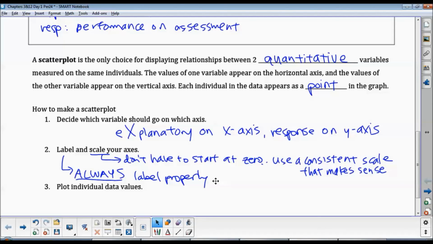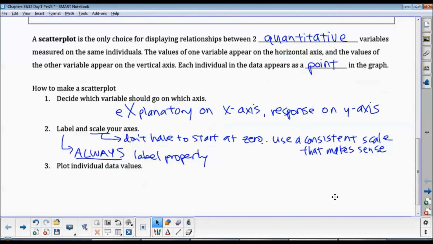Just use a consistent scale that makes sense. It doesn't have to include the point 0. Also, of course, if it's something that does have a negative real-world meaning like temperature, then it may not even include the point 0 because you're dealing with only negative numbers or numbers that are both positive and negative. And you're going to do that before you plot your individual data values.